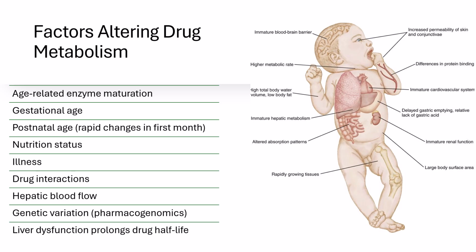Drug interactions can inhibit or induce metabolic enzymes. Hepatic blood flow determines how quickly drugs reach metabolizing enzymes. Genetic variation, pharmacogenomics, is becoming increasingly recognized as important. An important concept: liver dysfunction prolongs drug half-life, requiring dose adjustments to prevent toxicity.